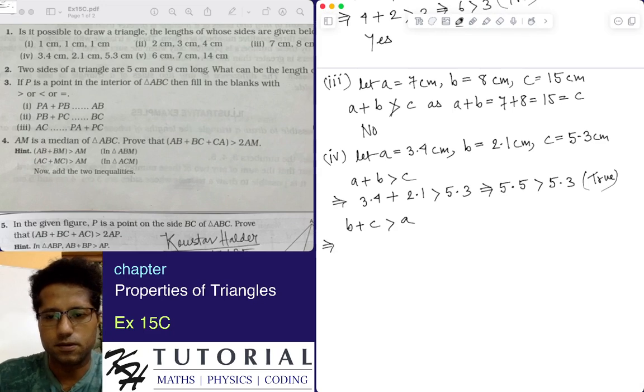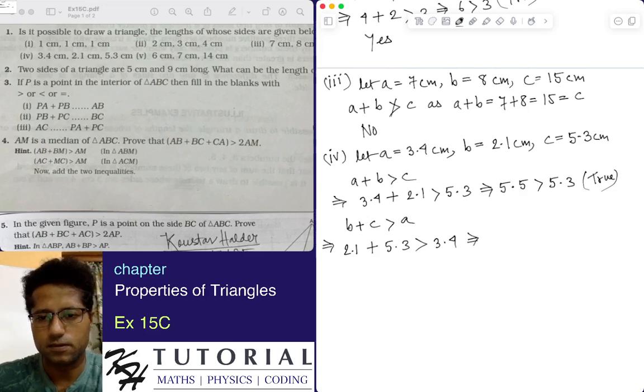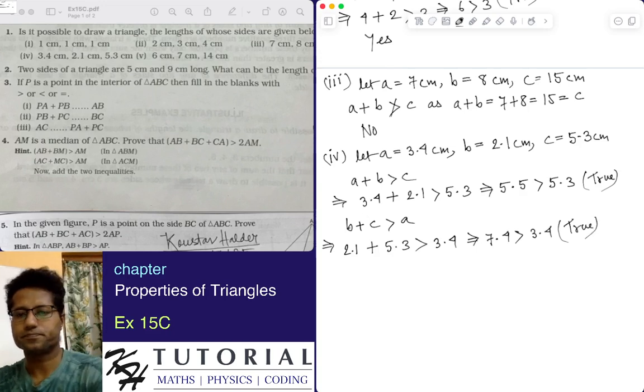This implies B is 2.1 plus C is 5.3 greater than A is 3.4. This implies 7.4 is greater than 3.4. This is true.